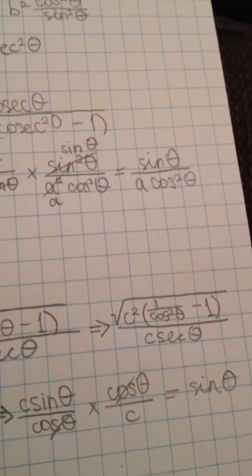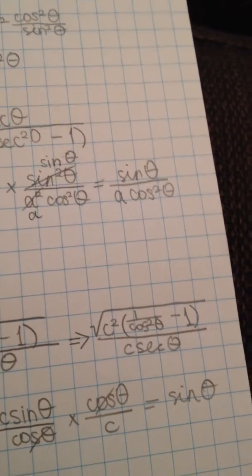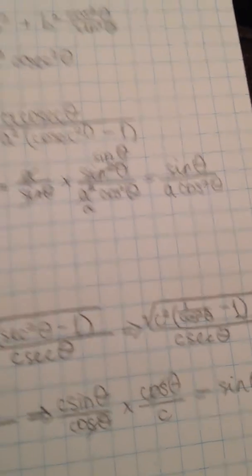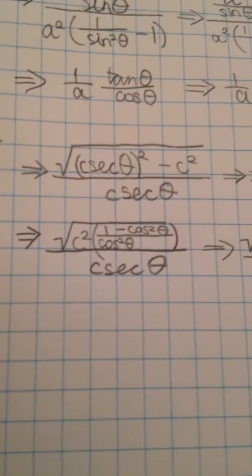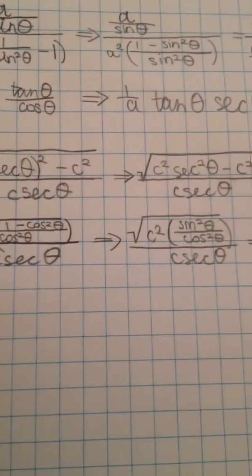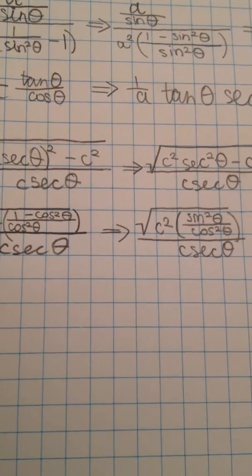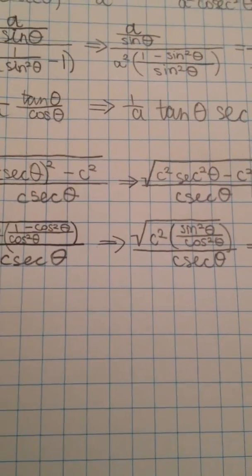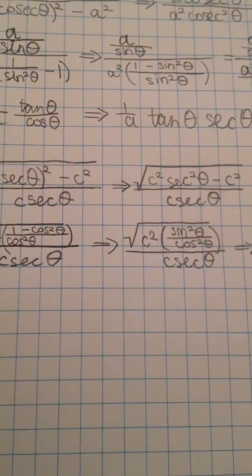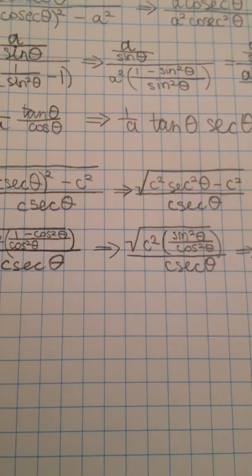And then I added that in here and simplified it, because 1 minus cos squared theta is sine squared theta.